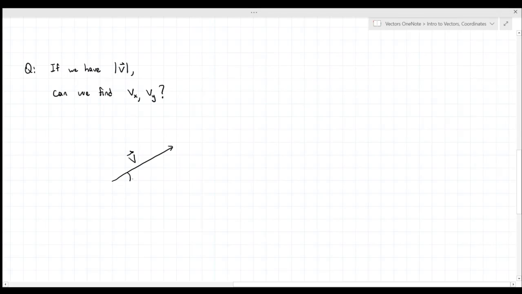In this picture, let's say we were given this angle theta. Then we could use some trig to figure out the x and y components. As a quick refresher on trig, maybe most of you are familiar with SOHCAHTOA. What did this acronym say?